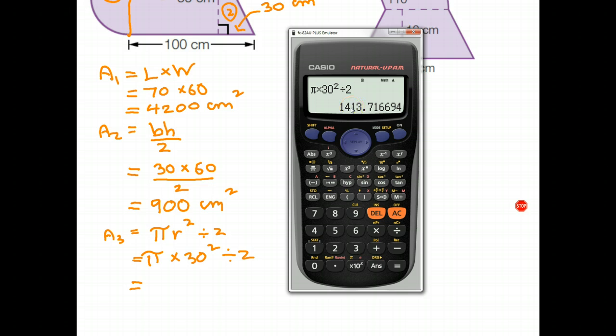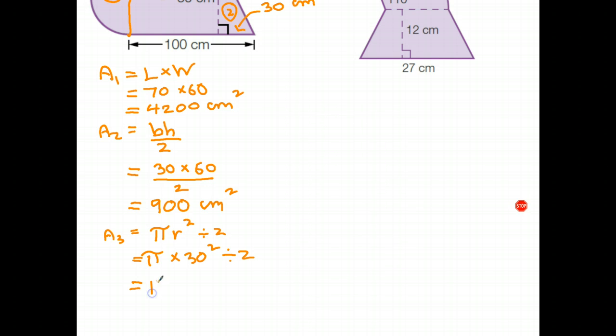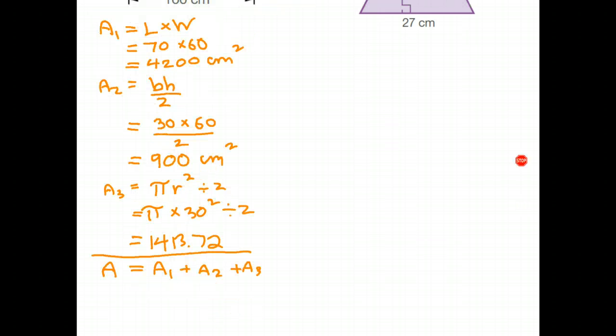So 1413.72. And then finally, I might even put a line there to get the area of the whole shape, it's just going to be area 1 plus area 2 plus area 3. Give myself a bit more room to work.